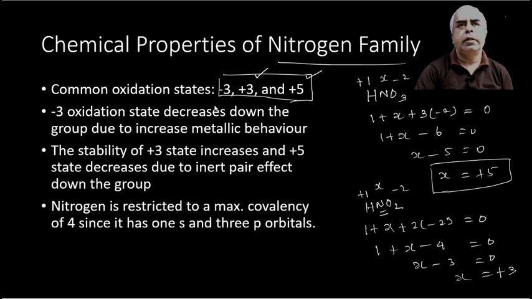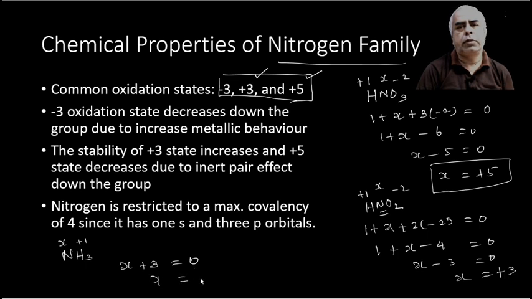Similarly, let us work it out for ammonia. Here we have +1 for the oxidation state of hydrogen and put X for nitrogen. So X plus 3 is equal to 0.